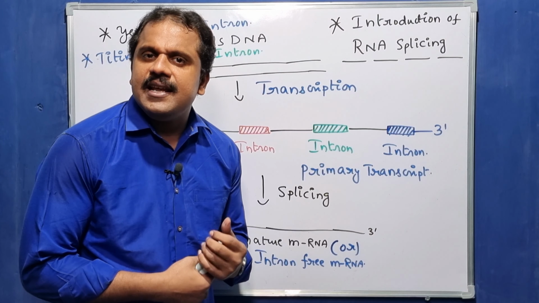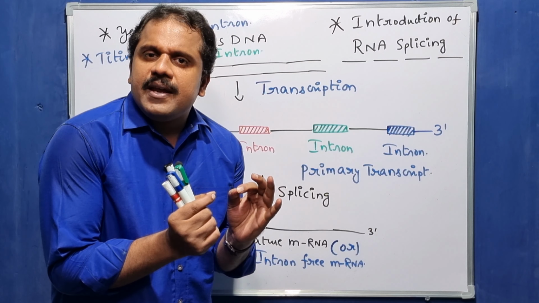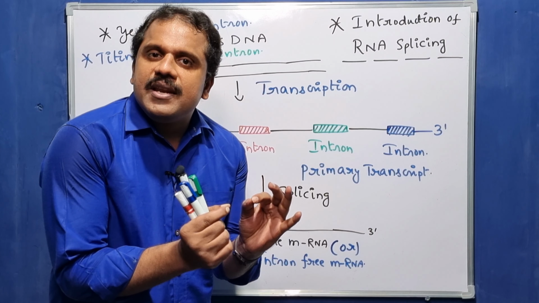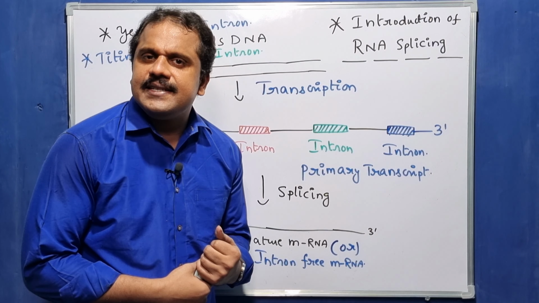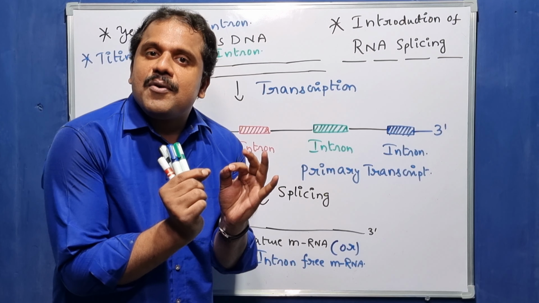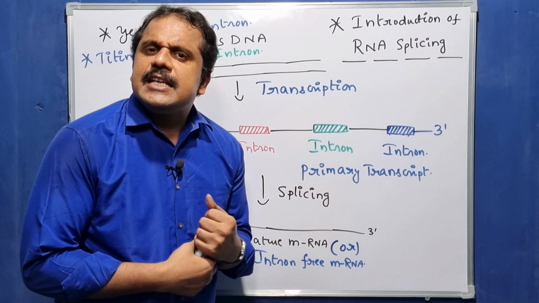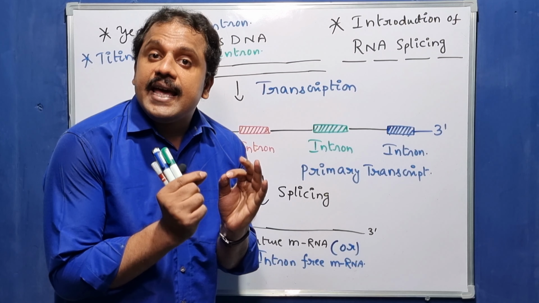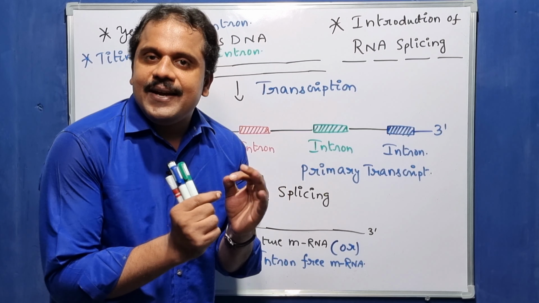Then, when the eukaryotic mRNA is exported from the nucleus to the cytoplasm, the ribosomal subunit, instead of decoding the coding sequence or exon, decodes the non-coding sequence or intron.